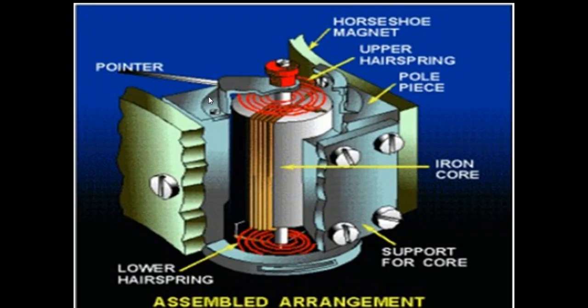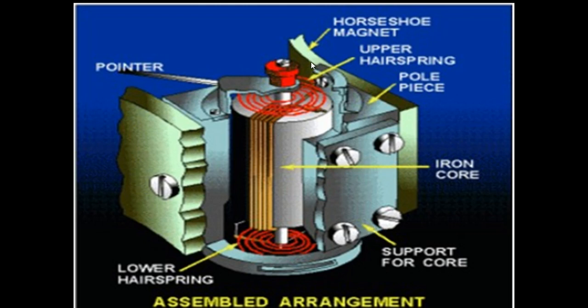So this is the internal assembly of the PMMC meter. It is a 3D view. Here we have the magnetic poles, the pole pieces. This is the upper spring, this is the lower spring, and this is a supporting structure.